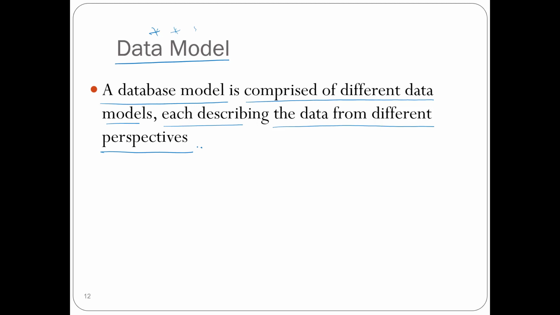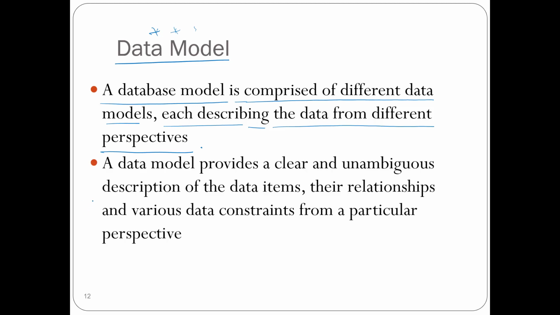When I was explaining what a database model is, we said that we would need to describe the database components at different levels of description, but we did not say what these levels would be. Now in data models, you will get those different levels of description. So one more time, a database model is comprised of different data models. Each data model describes the data using a different perspective.